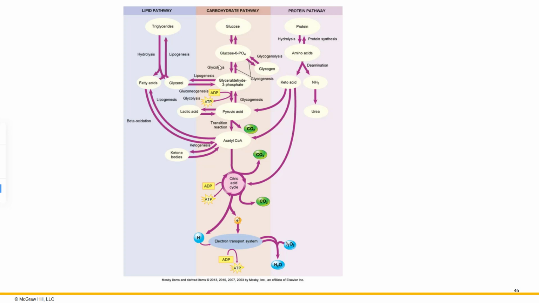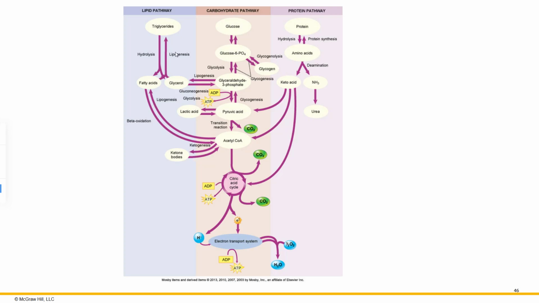The homework assignment has a lot of these pathways put together, but you can take some time to just internalize this and see how substances would move through here, where proteins could enter into the citric acid cycle, and where lipids could enter into the carbohydrate pathway as acetyl-CoA, or it could leave the carbohydrate pathway as ketone bodies. And we'll talk more about ketone bodies here in just a little bit.